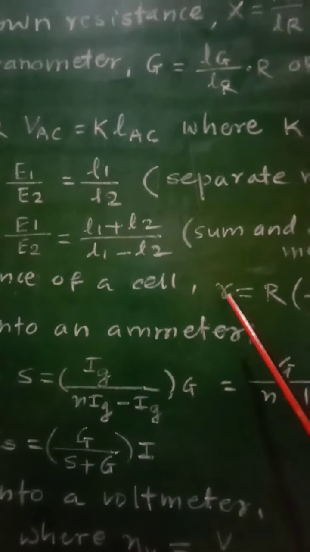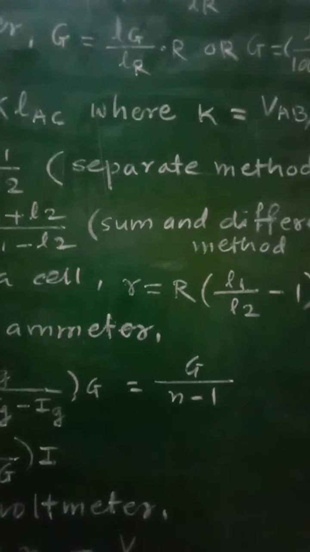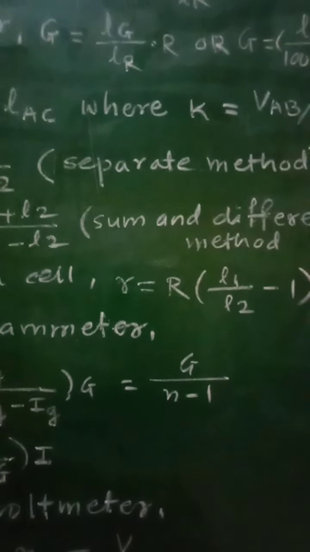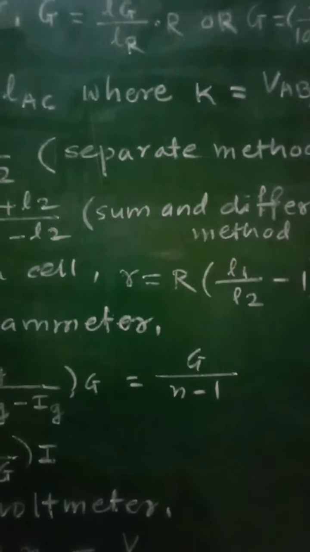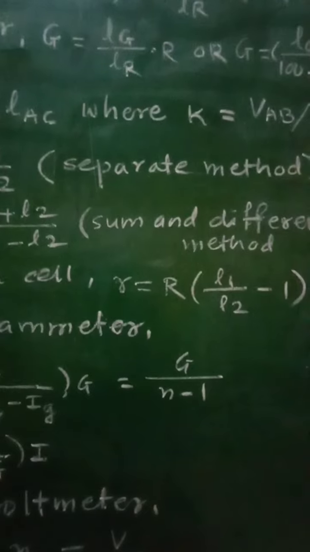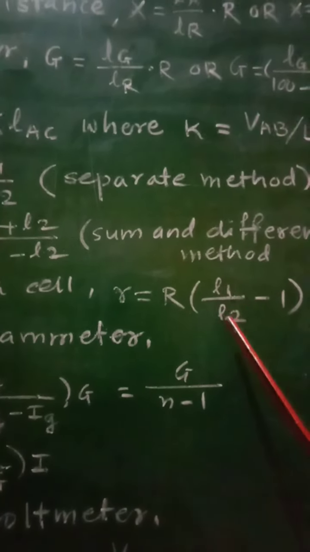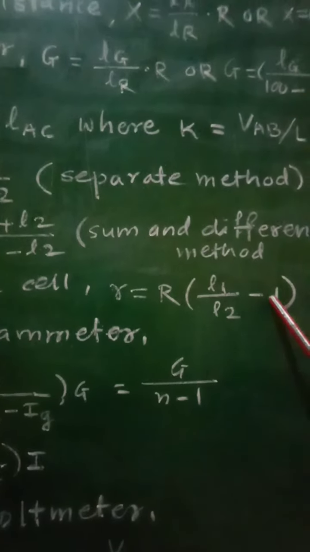Here L1 will be the balancing length when that external resistance is not connected in the circuit, and L2 is the length when that external resistance is added in the circuit. And so r is equal to R into (L1 upon L2 minus 1).